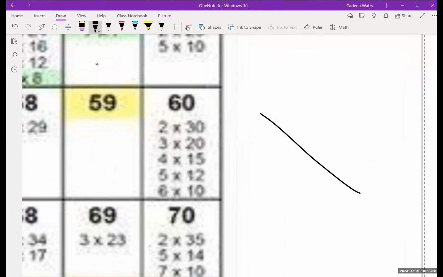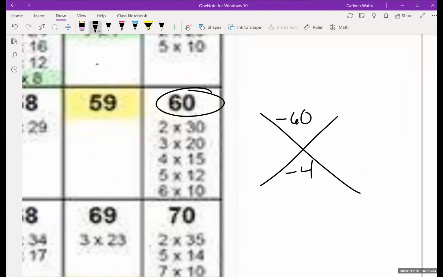Okay, I need 2 numbers that multiply to get -60 and add to get -4. I go to the chart of factors in the 60 box. So how can I get 2 numbers that multiply to get -60 and add to get -4? Anyone see it?